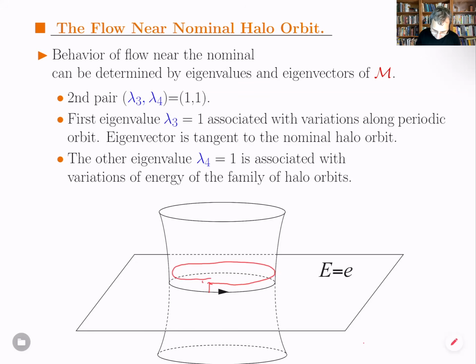And so that perturbation isn't going to grow or shrink. It's basically going to stay the same, because you're looking at displacement to a periodic orbit that's basically just shadowing what the original periodic orbit's doing. So the eigenvector corresponding to this other eigenvalue is just pointing towards nearby energy surfaces. So that's the second pair.